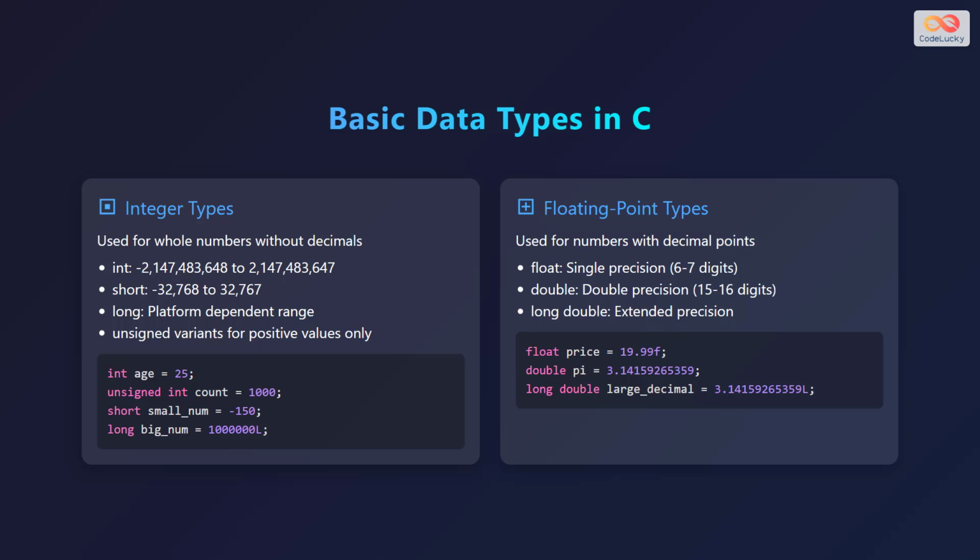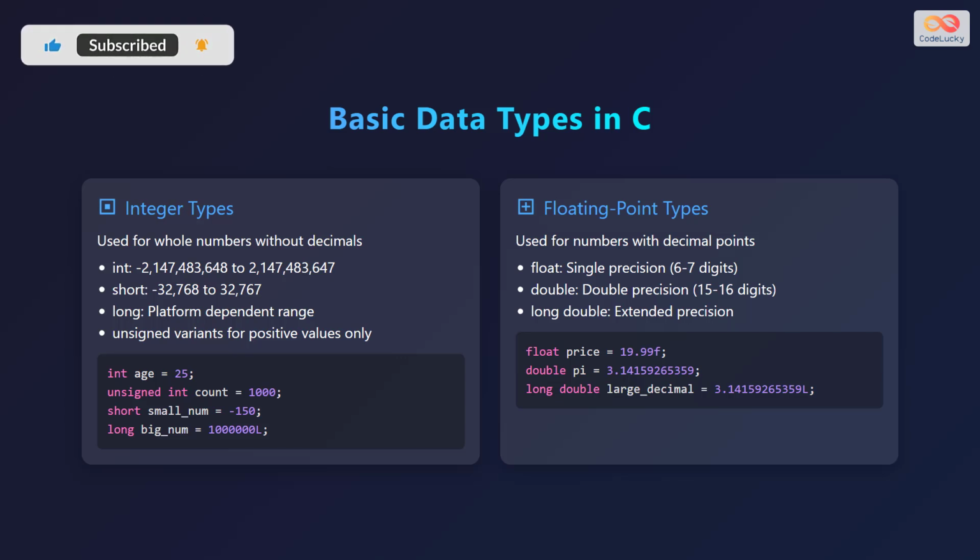Short is another integer type with a smaller range, typically from -32,768 to 32,767. Long offers a larger range, though it's platform dependent.